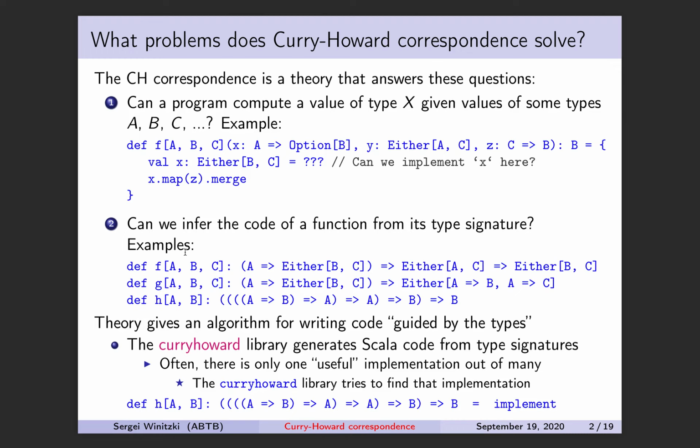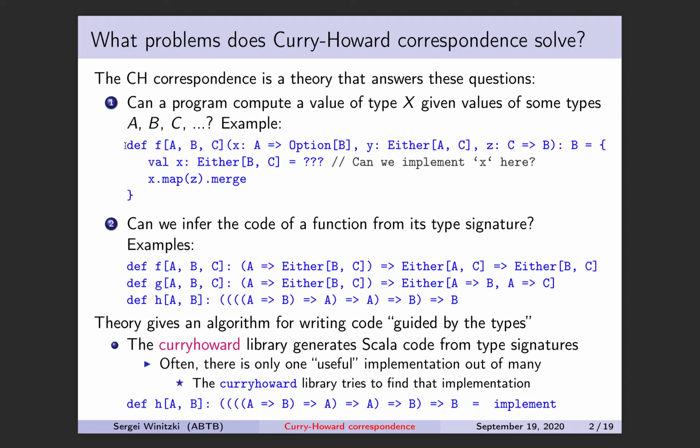It is a theory that answers two questions from the programmer's point of view. The first question is, can a program compute a value of type X given values of some types A, B, C, and so on? Typically, X, A, B, and C are type parameters or type expressions made up from type parameters. Here's a typical example.